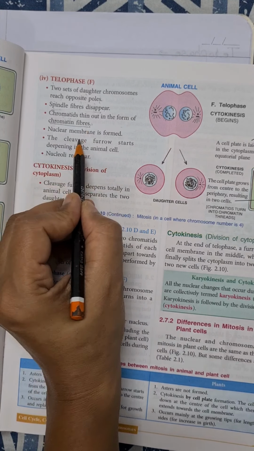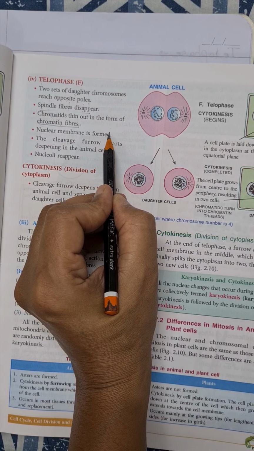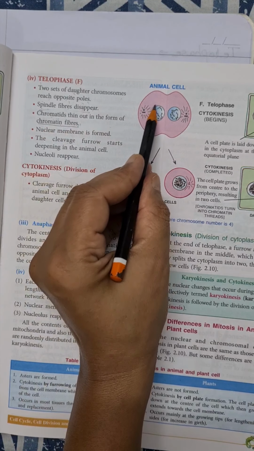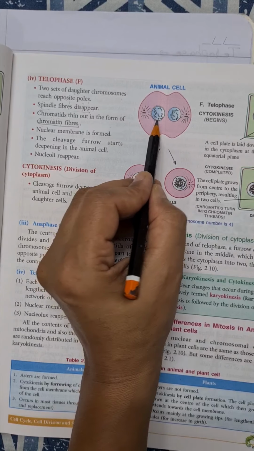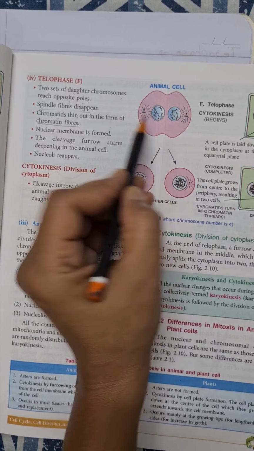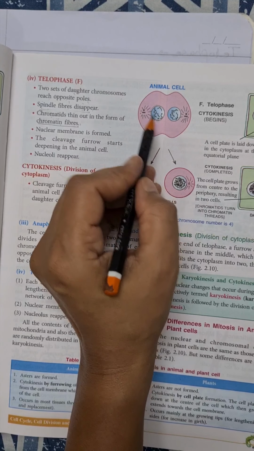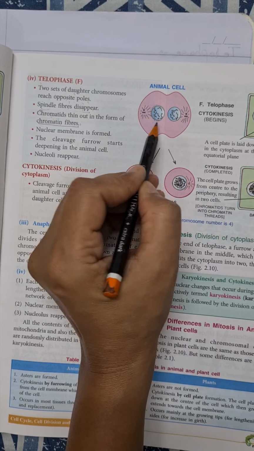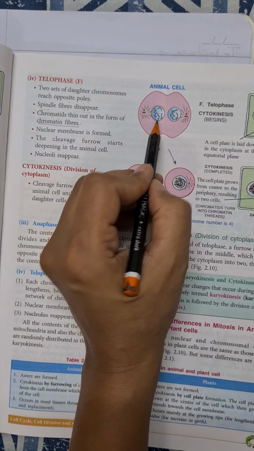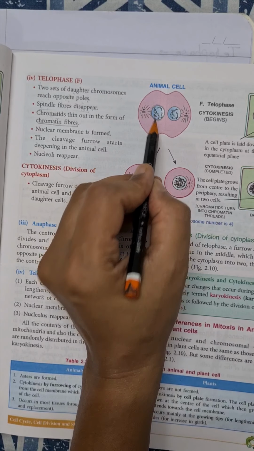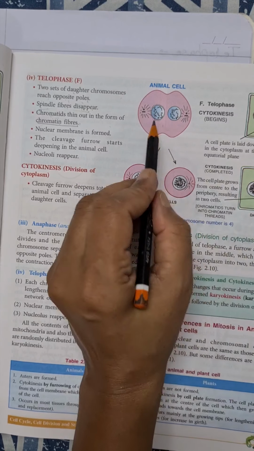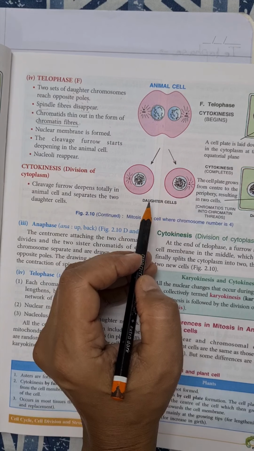Now after this, the nuclear membrane and nucleus reappear. In prophase, the nuclear membrane and nucleus disappear. Now here, as karyokinesis is going to be over, the nuclear membrane and nucleus reappear, or are formed again, in telophase.